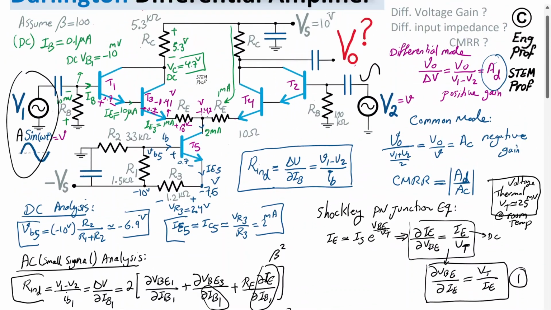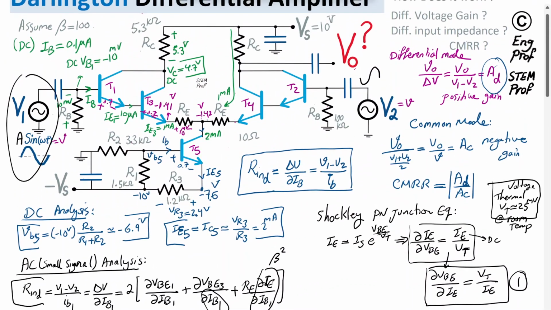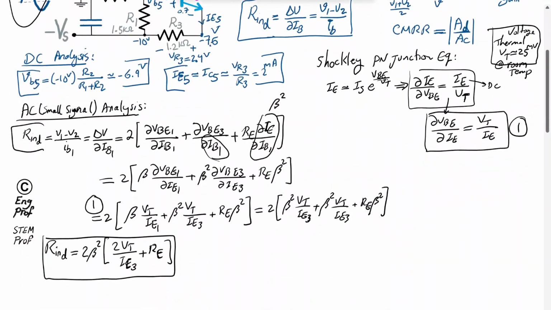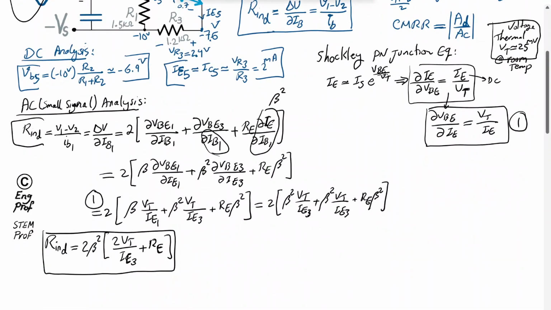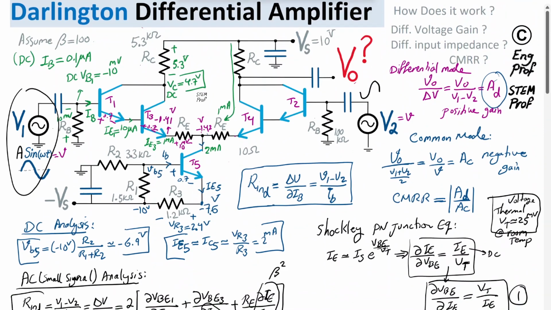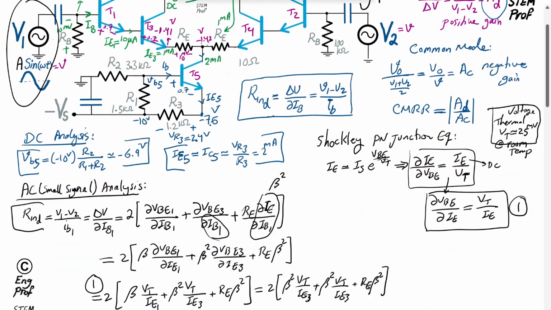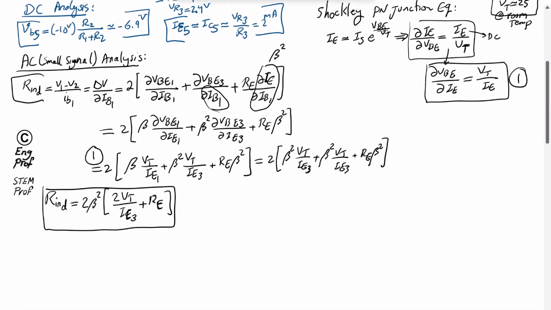If you go back to applying the memorized formula, this is effectively, if you use the hybrid model for BJT transistors, what people like to refer to as HIE or HIB.